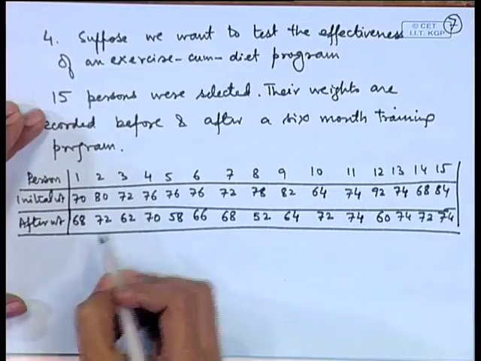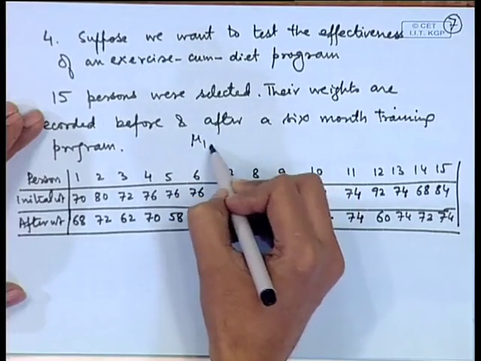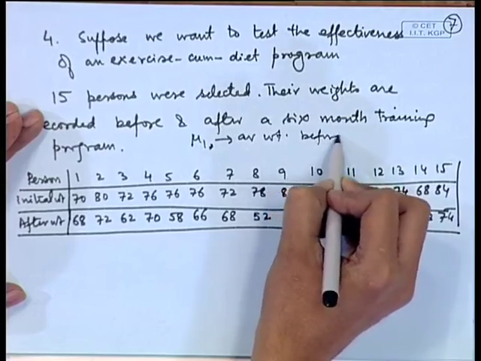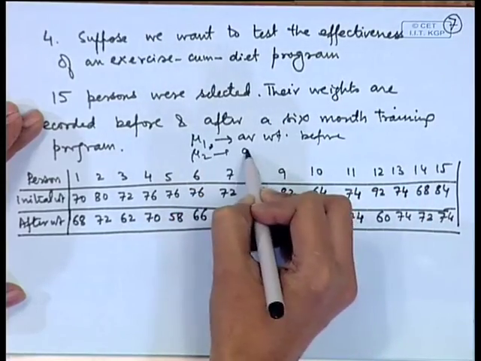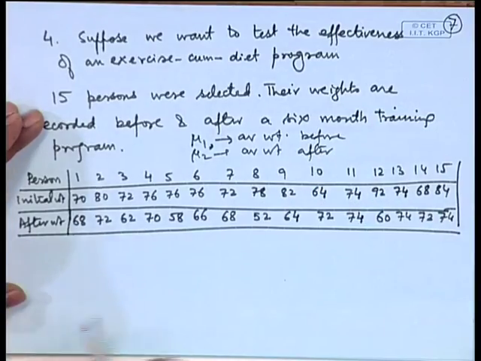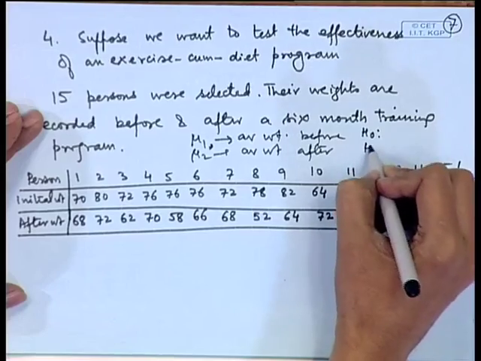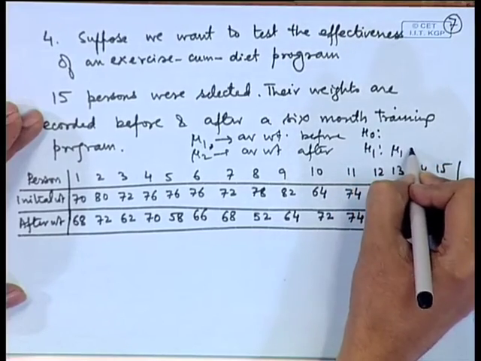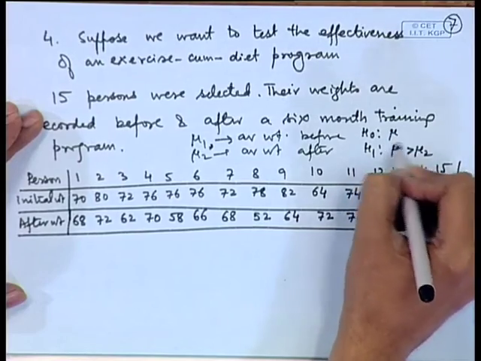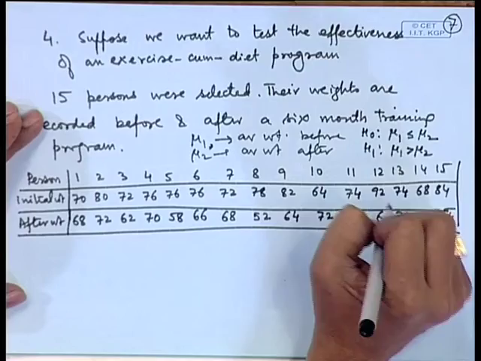We want to test, suppose I say mu 1 and mu 2. The mu 1 is the average weight before and mu 2 is the average weight after the training program. So, we may be interested to test whether mu 1 is actually greater than mu 2. That means, we put this as the strong hypothesis in the alternative, which we actually want to test.